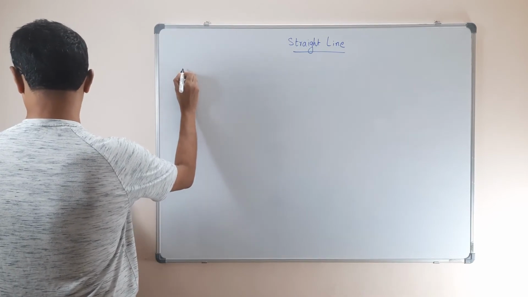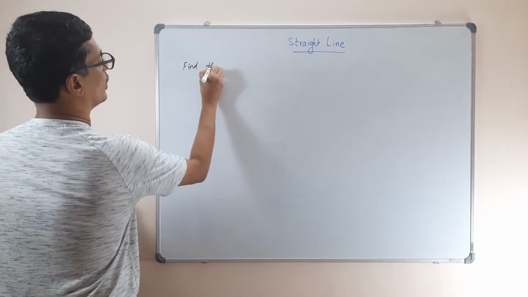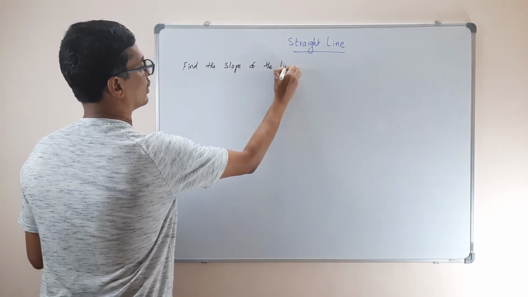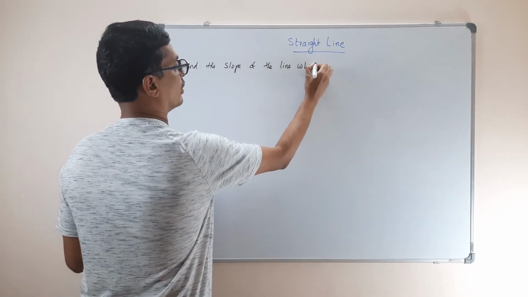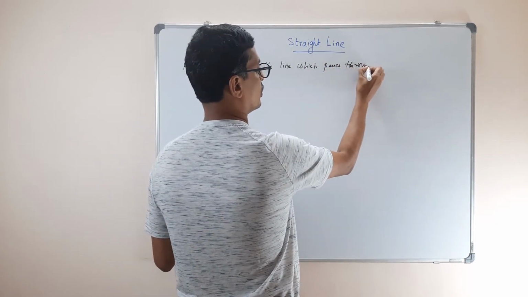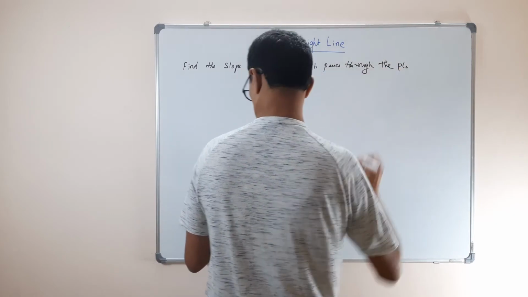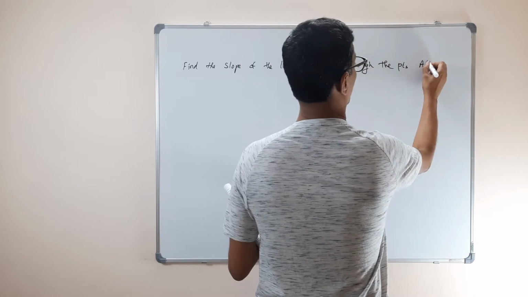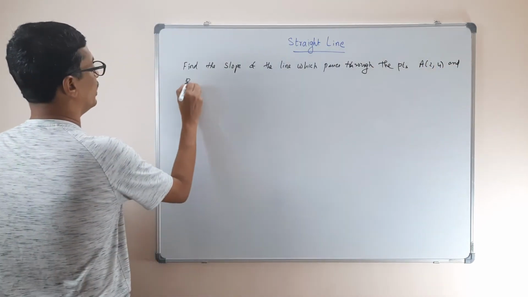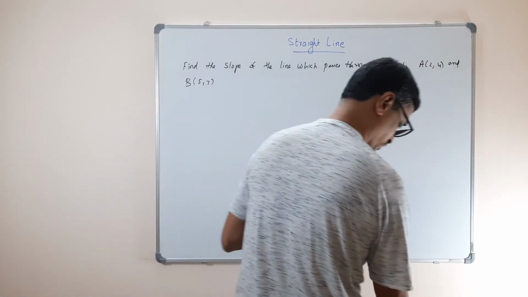Find the slope of the line which passes through the points A(2, 4) and B(5, 7). Can you tell me what the answer is?